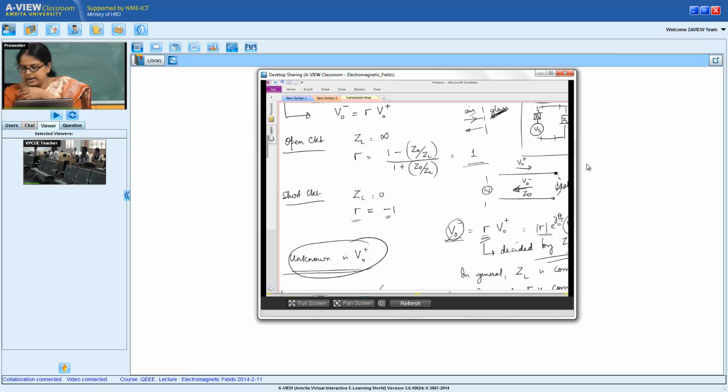So whenever there is a discontinuity, there is a reflection so that at the boundary continuity is established. That is the inner reason why you have these reflections.